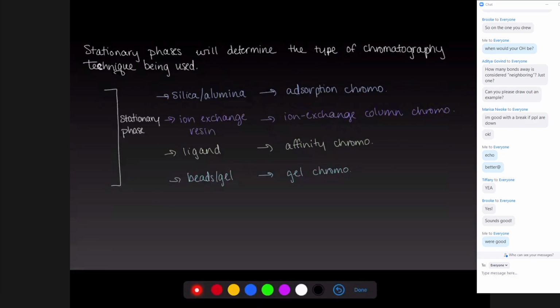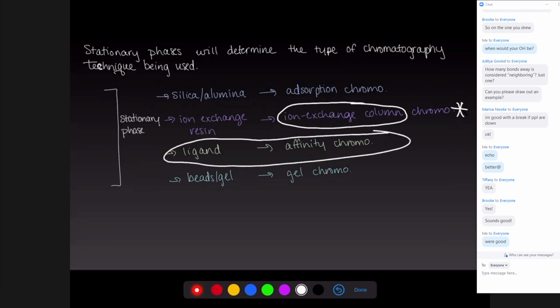I would say to look into this one more for the MCAT. Ion exchange column is pretty common. And I would also say look into the ligand. So ion exchange and ligand, I would say those two.